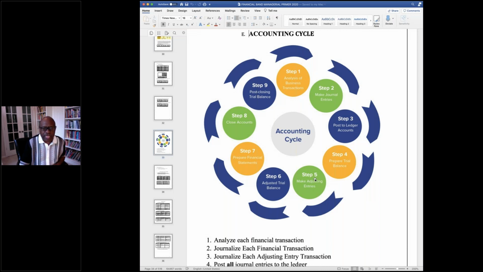We're going to skip step 5 and step 6 for now, and go on to step 7, preparing the financial statements, which is one of our main goals in the course. We're also going to go to step 8, closing the accounts. So we'll be focusing on step 7 and step 8 today.